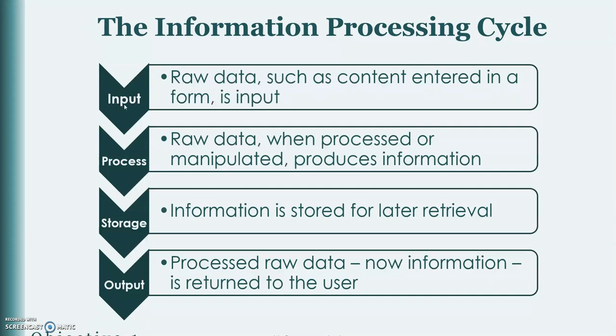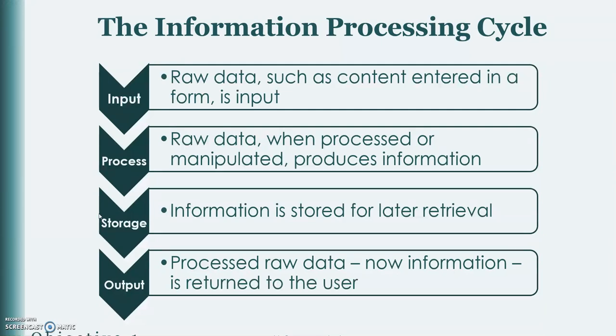During the input stage, raw data is collected. And when I say raw data, I just mean unprocessed data, okay? Our second step, that raw data is then processed into meaningful information, okay? They put it into a meaningful arrangement that now makes a little bit more sense than the raw data we started out with, right?